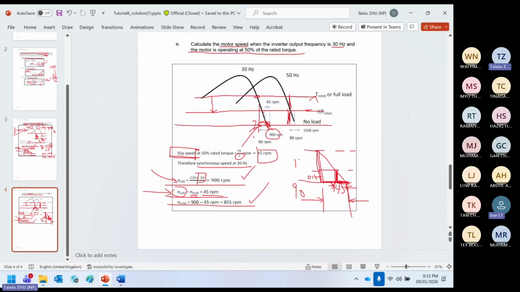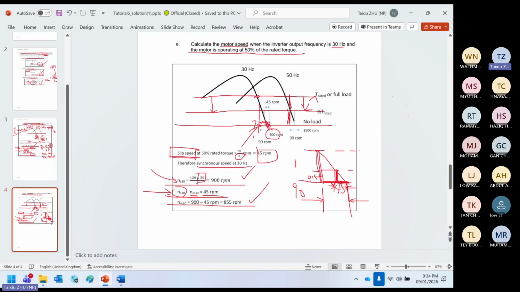So with V/F control, one advantage is the slip speed is always constant. When you lower your torque, you have to reduce the slip speed correspondingly. I draw the small part, something like similar triangles, it's proportional. You lower by 50%, this one also 50%.